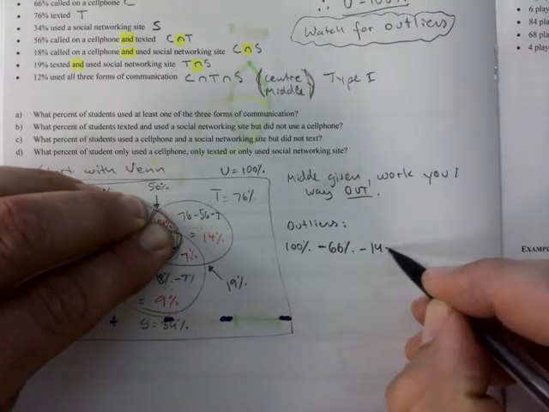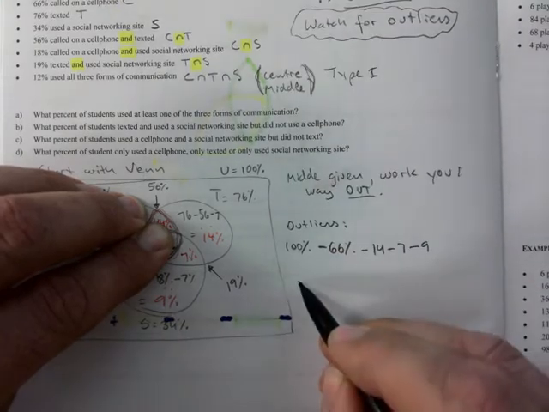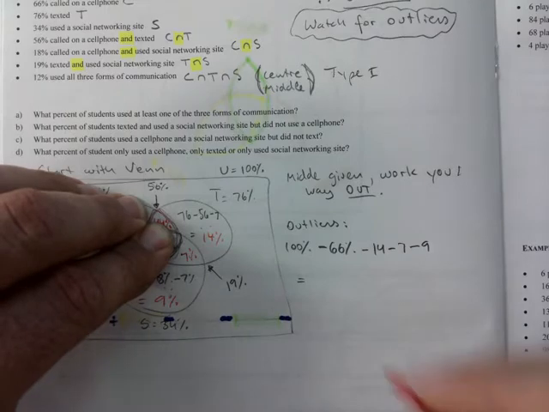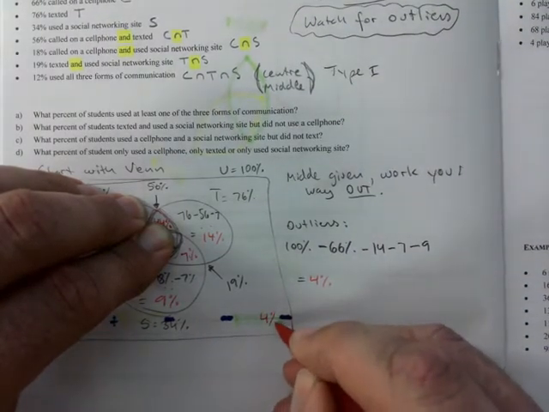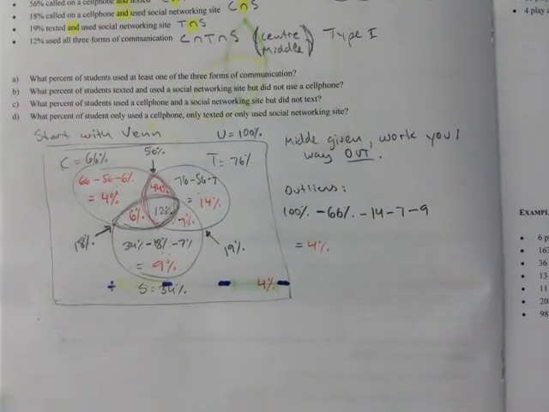Minus 14, minus 7, and minus 9. And you get 4%. And that goes here at the bottom of that Venn diagram. Now it's complete.